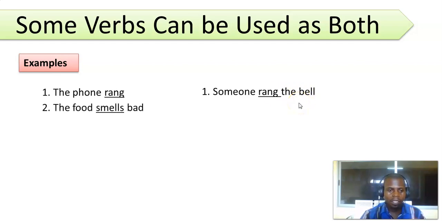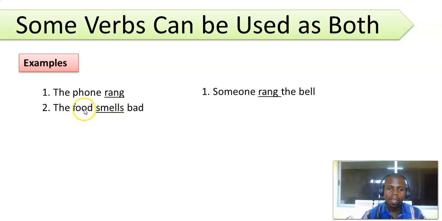All right. Look at another example. The food smells bad. Bad here is not a noun, neither is it a noun phrase. Bad is an adjective, so it's not an object. So you cannot say smells here has an object. It is an intransitive verb here.